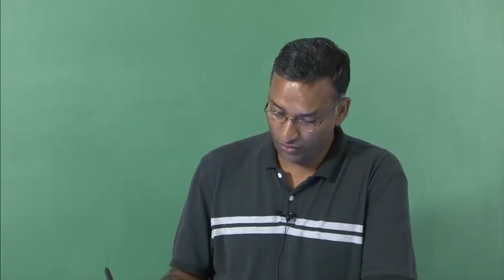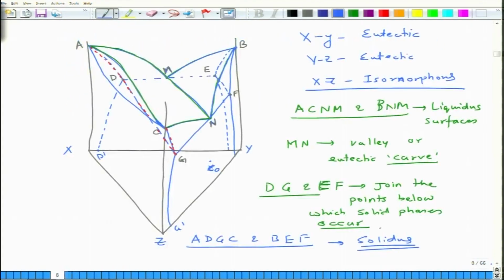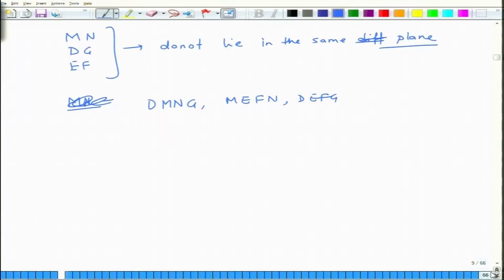Now how does it look if you take an alloy of a given composition? How does it look at different temperatures? You take an alloy of a composition C0 in this case, and as it goes through solidification at various temperatures, how do the sections vary?